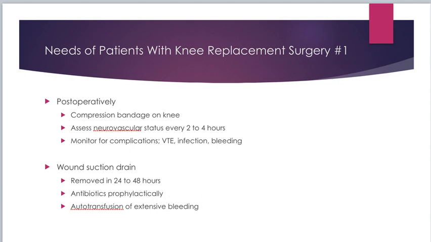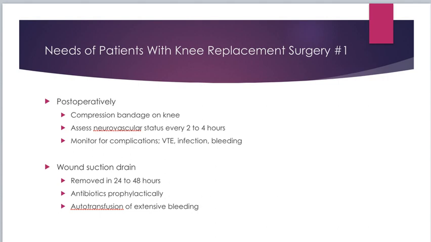People that have had knee replacement, they're going to have a compression bandage on their knee. We're going to have to assess neurovascular status every 2 to 4 hours, more frequently if you notice anything that's not quite right. The complications we're going to monitor for are venous thromboembolism, infection, and bleeding.